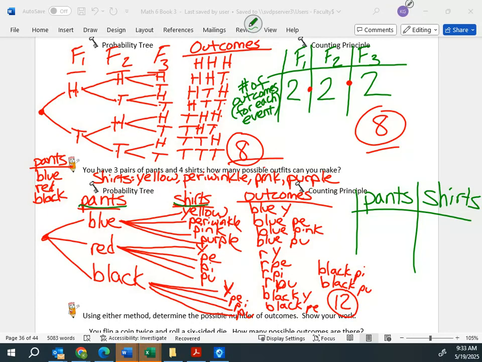Pants, shirts. Up here we had 3 events with 3 flips. Down here we are choosing what color pants, what color shirts. So then remember, this is number of outcomes. How many outcomes are there for pants? How many choices can I make when it comes to the color of pants?